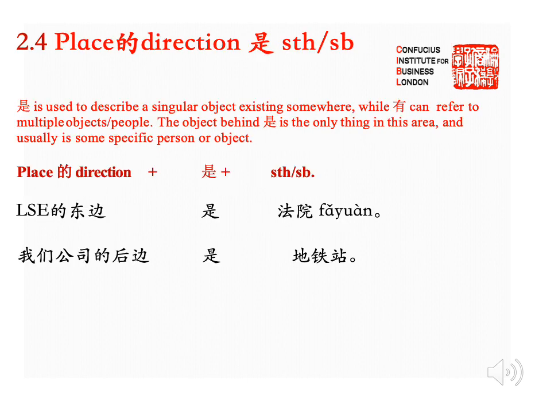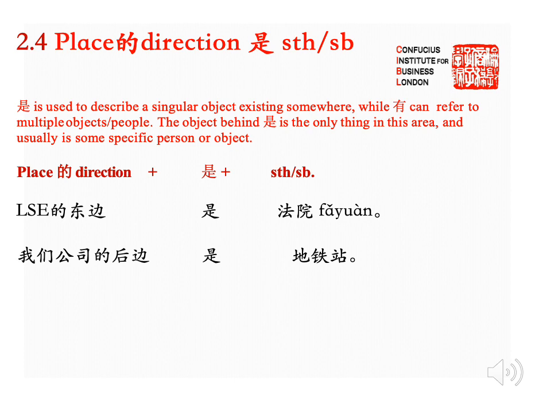And we have a very similar structure, like place the direction 是 something or somebody. So the only difference between the previous one is we use 是 here instead of 有. So 是 here is used to describe a singular object existing somewhere, while 有 can refer to multiple objects or people.